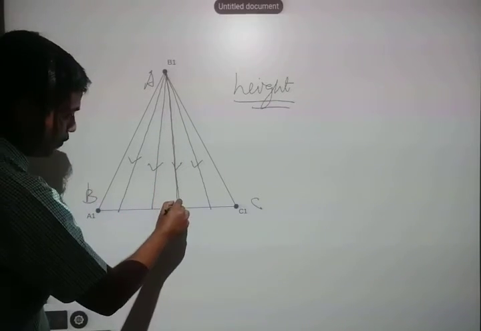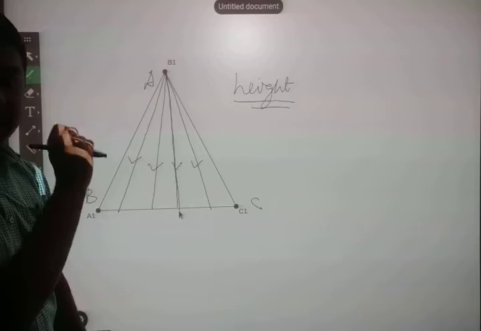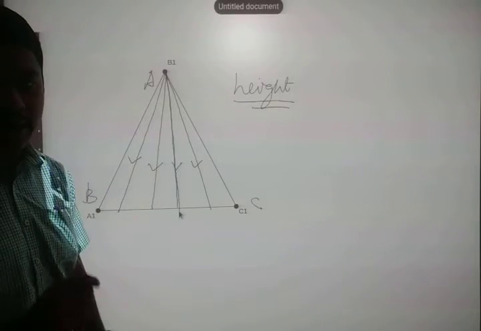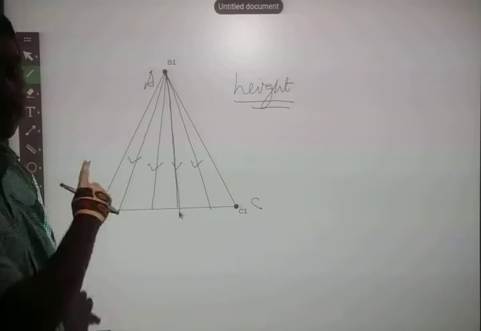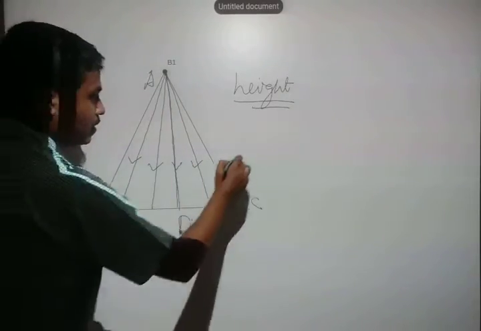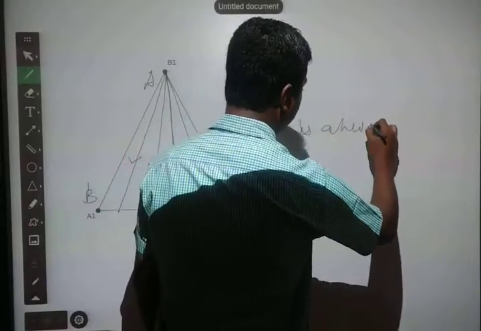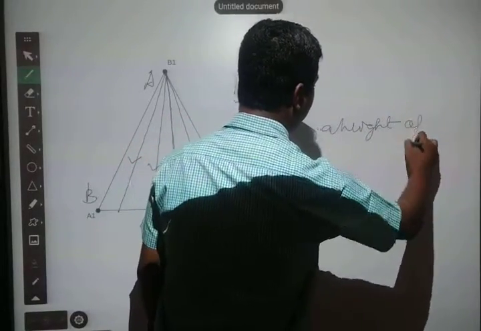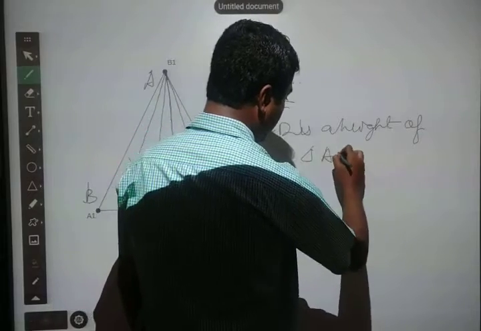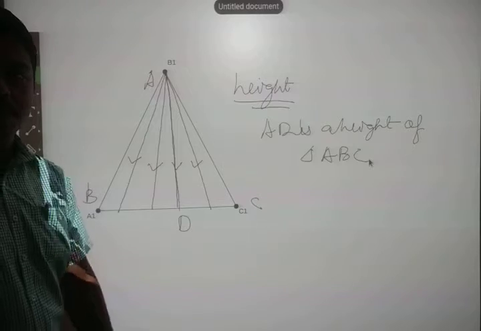This is the line which is perpendicular to BC. The line perpendicular to BC will be considered as the height of the triangle. That means if I consider this as D, AD is the height of triangle ABC.